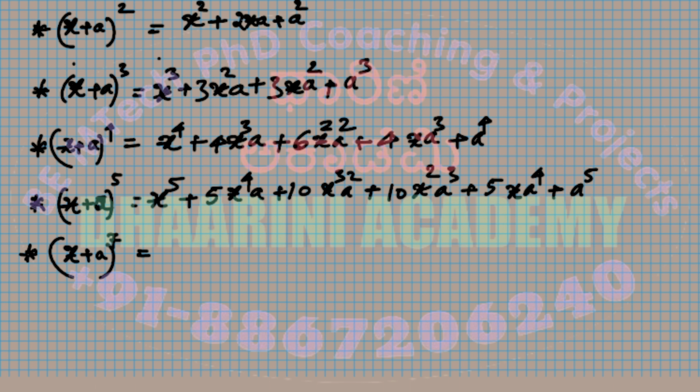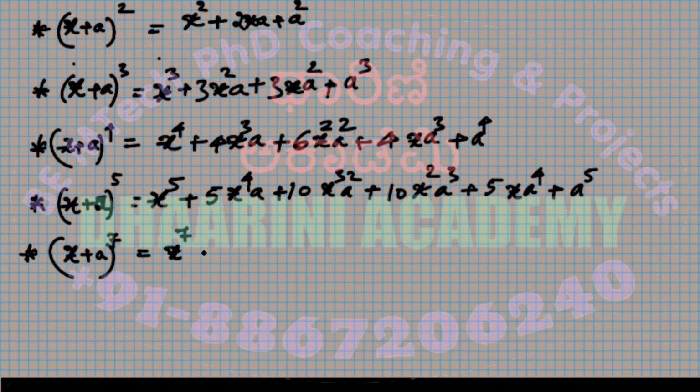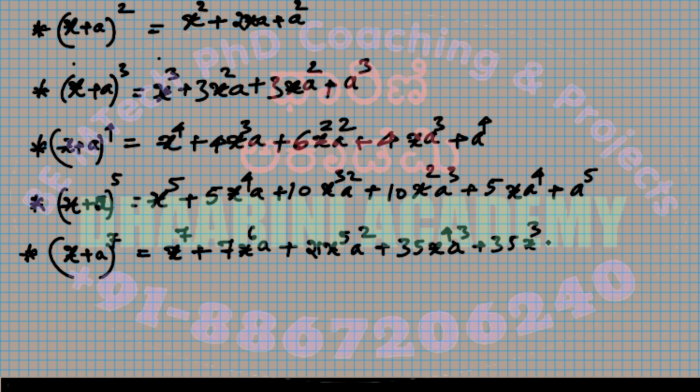And for the 7th power, this is equal to x to the 7, and so on, up to 7 x into a to the 6, plus a to the 7.